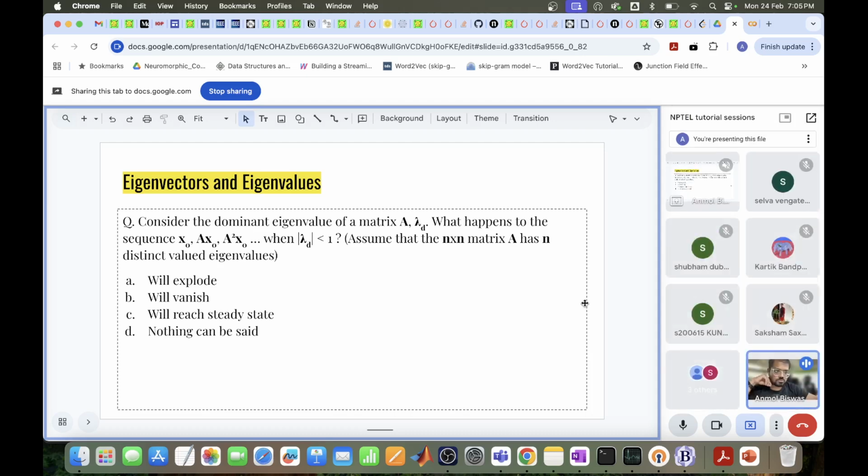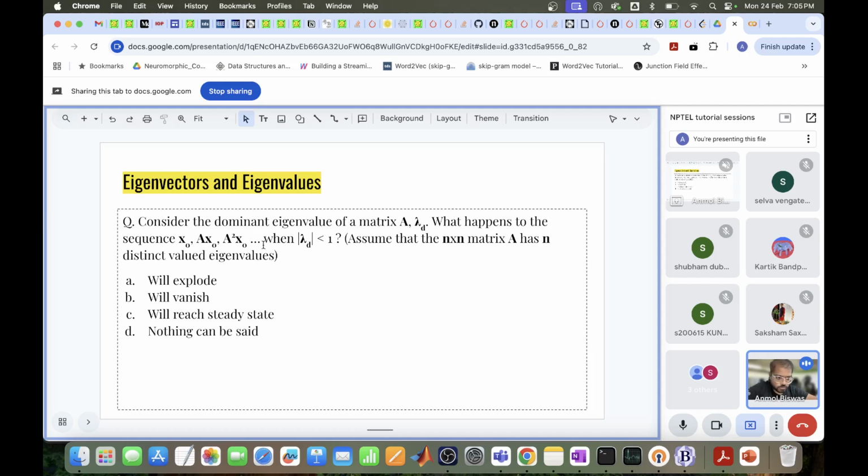Okay, so here we have a situation where we're repeatedly multiplying this matrix A, which is obviously only possible if the matrix A is n by n, because you have to take care of the matrix multiplication rules.